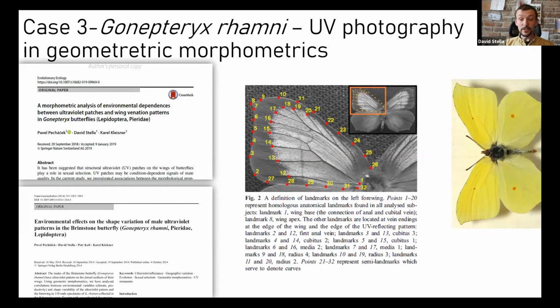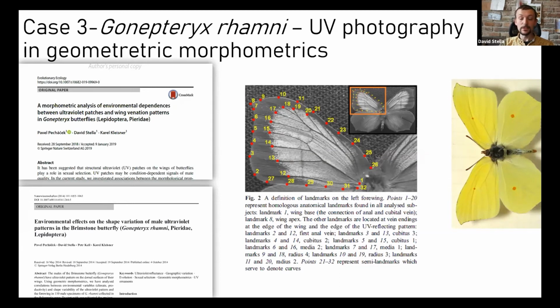We observed in this case a systematic increase in relative area of ultraviolet. So in Pieris napi, in the previous example, it was the intensity of the UV reflectance, but here it was more the shape and the size of the patch of the pattern. And we observe some kind of systematic increase in the relative area of this ultraviolet correlating with increasing temperature and precipitation.